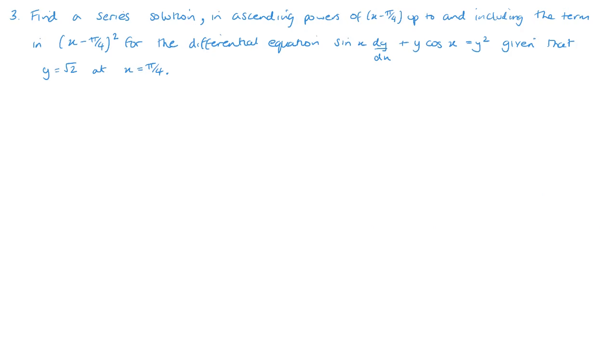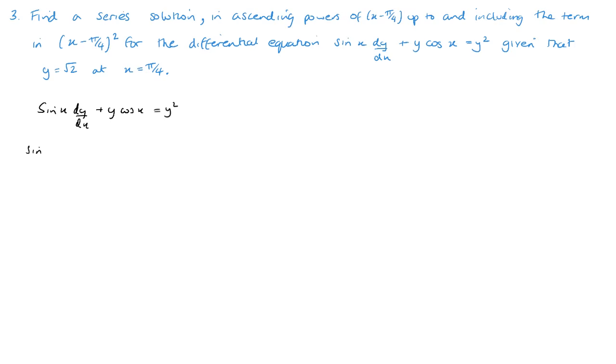Solutions. So, usual start, write down your differential equation. And we need to go to the squared term, so we need d2y by dx squared. So we just need to differentiate this once. So let's differentiate it.